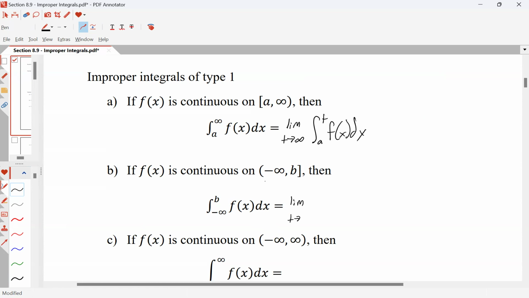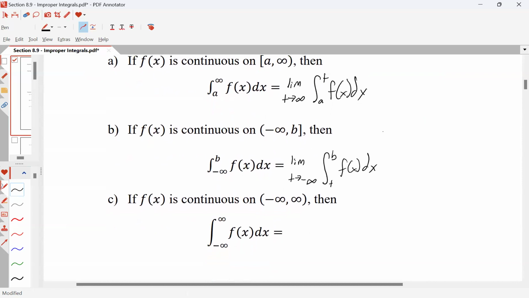Or if our lower bound is negative infinity, we'll switch out the negative infinity to be a limit. And if we have from negative infinity to infinity, we're looking over the entire number line, we will split up the integral into 2 pieces, picking a random number in the middle, probably 0, if it's easy to work with, and split up our integral into 2 pieces.